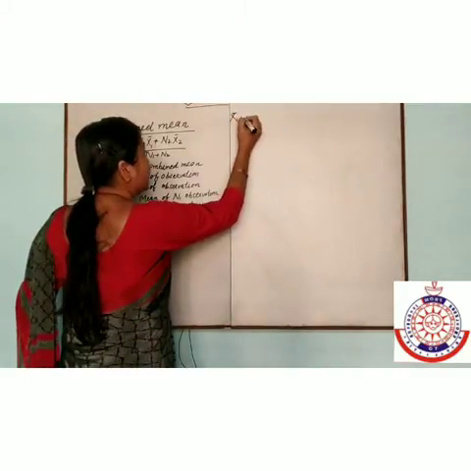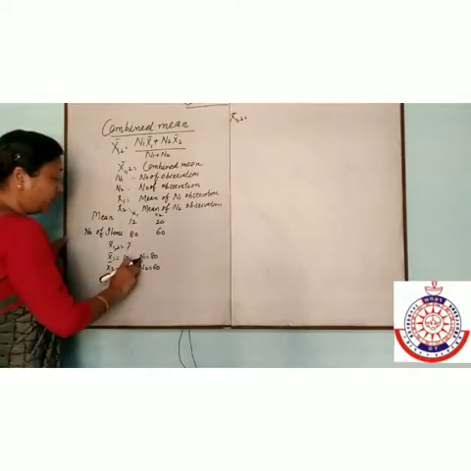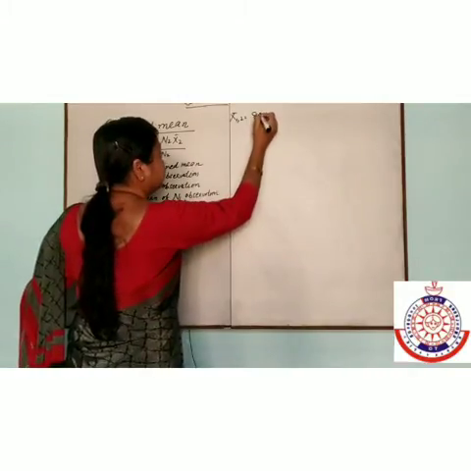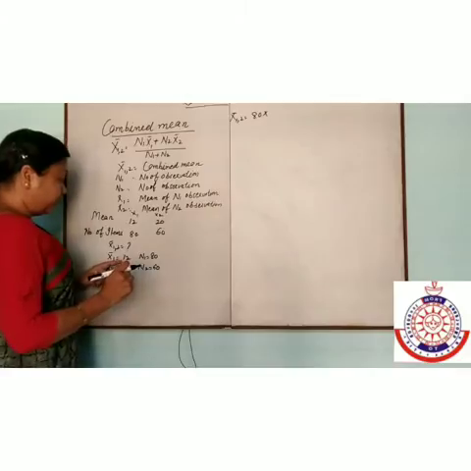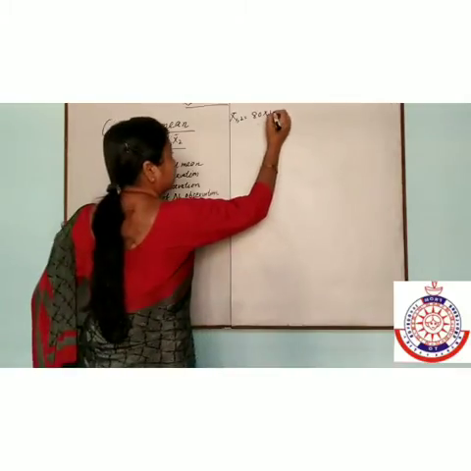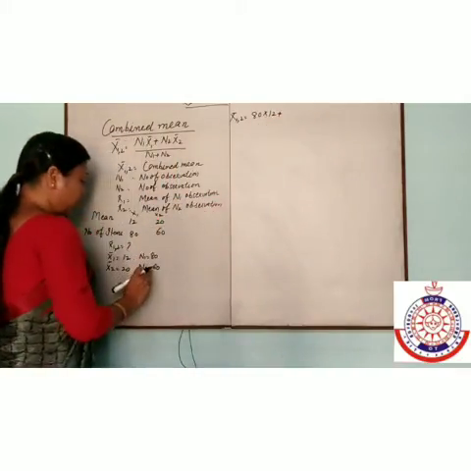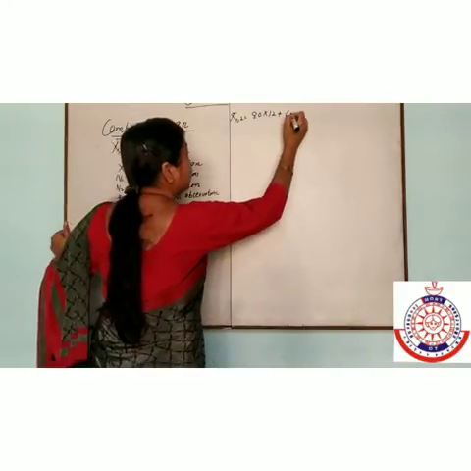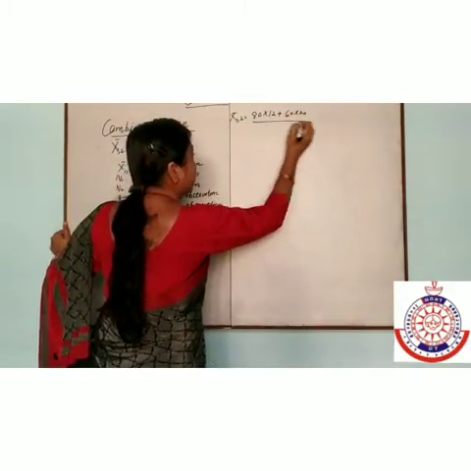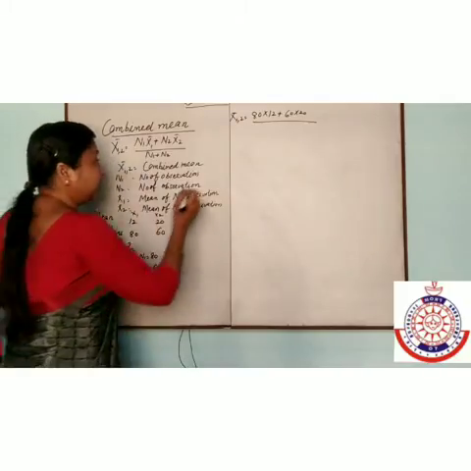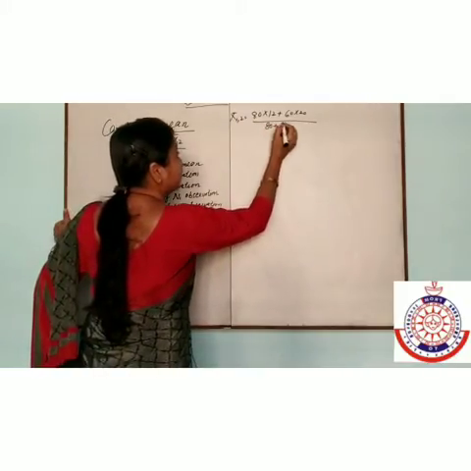X bar 1 2 is equal to n1, which is 80, times x bar 1, which is 12, plus n2, which is 60, times x bar 2, which is 20, divided by n1 plus n2, that is 80 plus 60.